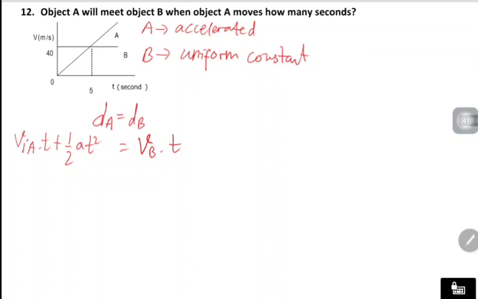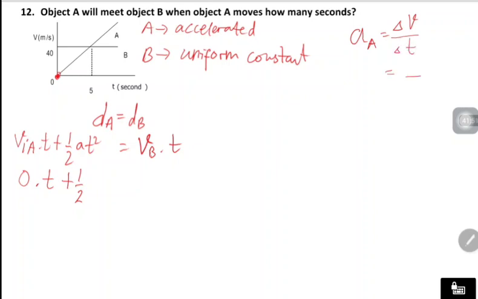Now we look at the movement of A. The initial velocity of A is 0, so we input 0 times t plus 1/2, but we have not known the value of acceleration yet. We calculate the acceleration of A. Acceleration of object A is the change of velocity divided by time.